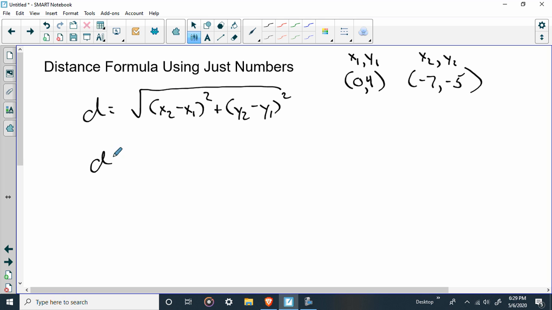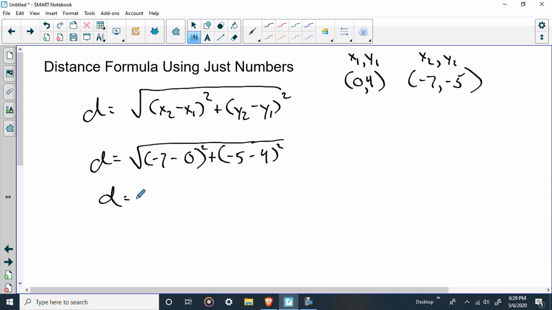So let's plug it in. What's x2? Well, x2 is -7 minus x1, which is 0. Over here, what's y2? -5. What's y1? 4. Okay? Negative 7 minus 0, well, anything minus 0 is just itself, right? So this becomes negative 7 squared.